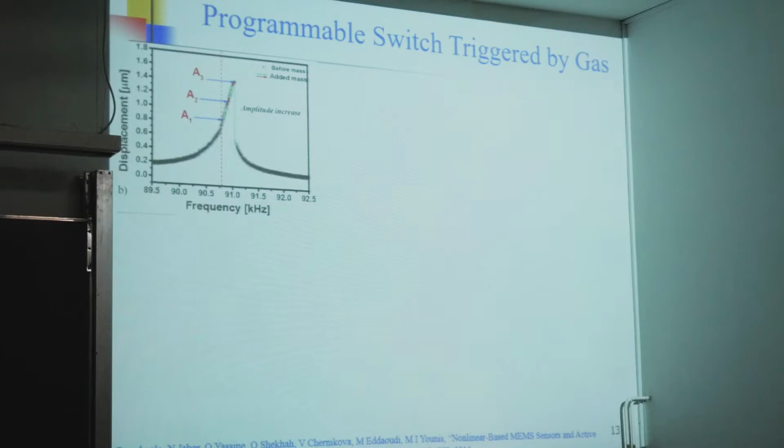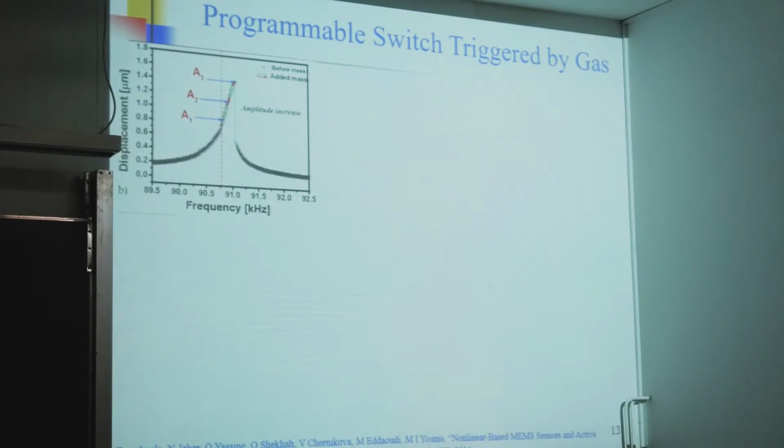And maybe this can indicate that the amount of sniffed mass or concentration of gas exceeded a certain safety threshold. Then you can program this jump and make it an indication that you exceeded the safe threshold and take an action. So you can think about it as a switch triggered by the action of mass.